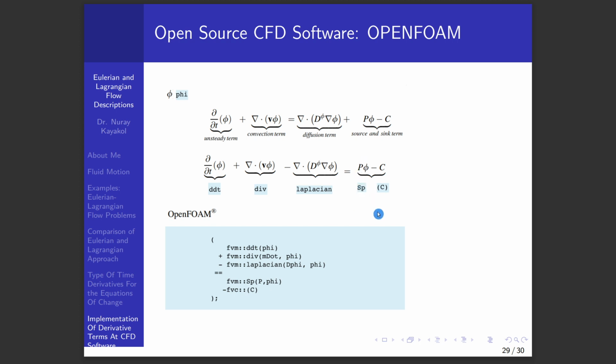On the left hand side you will see derivative terms. On the right hand side are scalar values. S stands for source. So if we read these terms, that means finite volume method, ddt phi. So at least you can follow these.